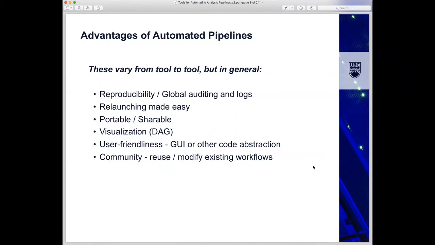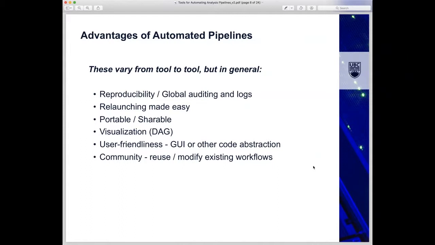Some of them will, at the end of a run, produce this visualization and actually color code the tasks according to whether it was successful, there was a warning, or there was an error. So especially for large pipelines, it can provide an easy way for you to see very quickly how that pipeline finished.